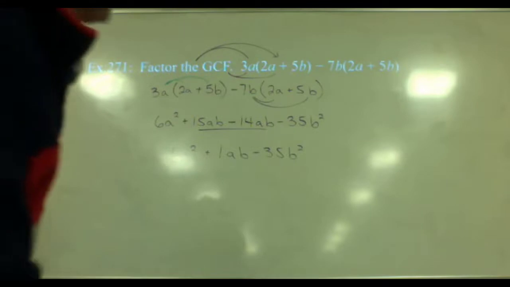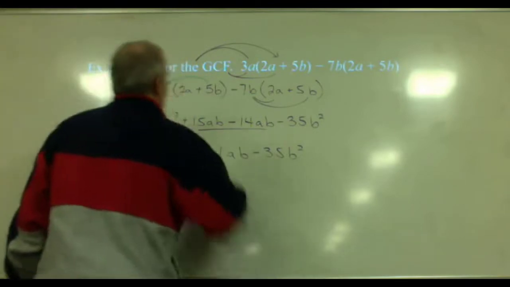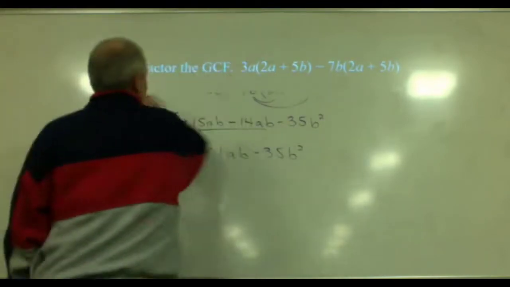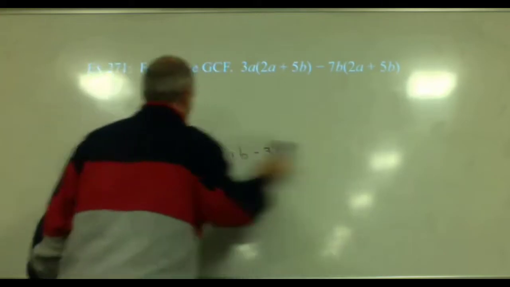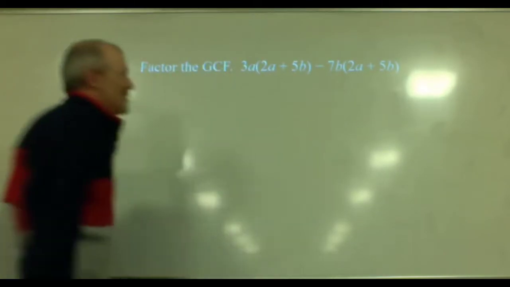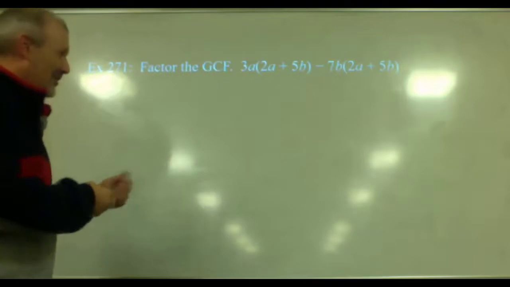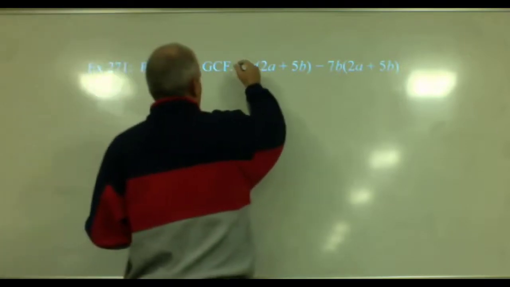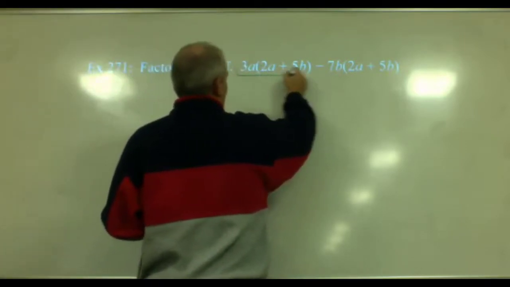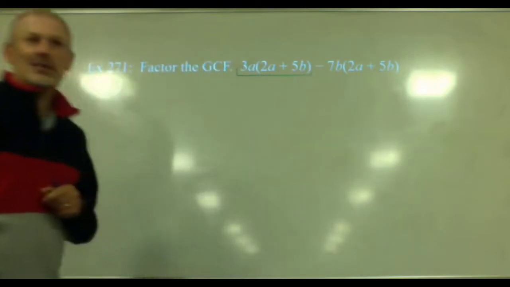All right. So this is where we start this process. If we look at this, I want us to realize this whole thing is all multiplied together, right? That's one big term.